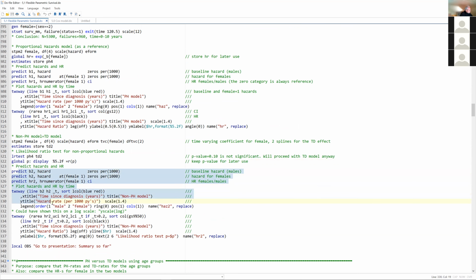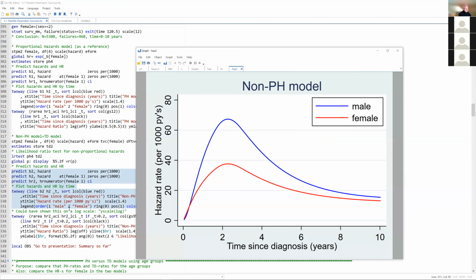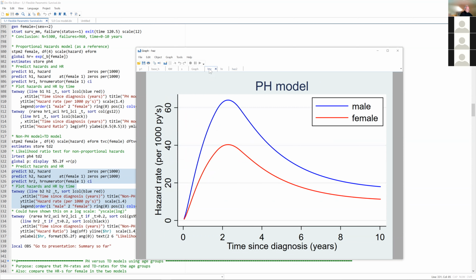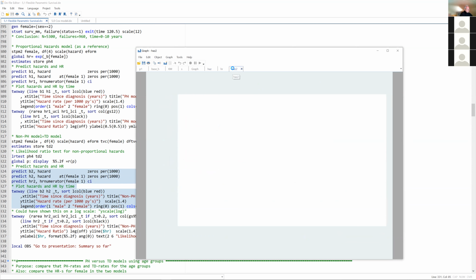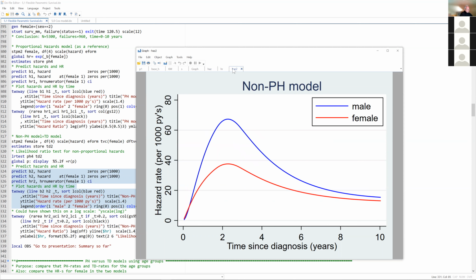Now I can do a plot of the hazards in this situation. And here is what we get. Let me see, I can quickly compare to the previous hazards. Here is the proportional hazards model, and here is the non-proportional hazards model. And you can see that we get slightly different hazards over time.